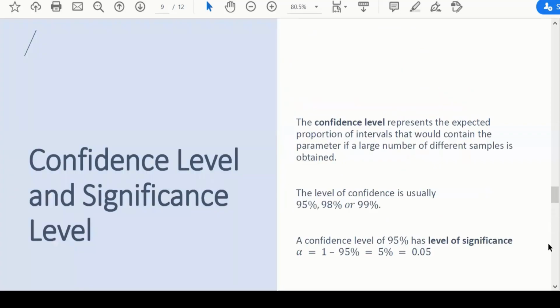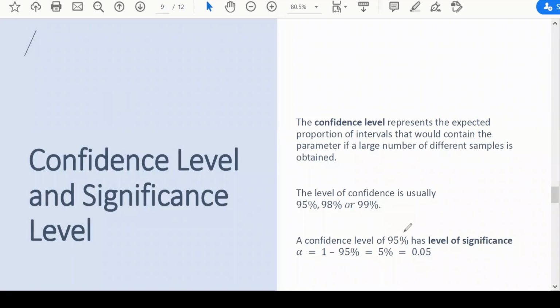The confidence level represents the expected proportion of intervals that would contain the parameter if a large number of different samples is obtained. I know that looks like a word salad, so I'm going to help you with that. But the level of confidence is usually 95%, 98%, or 99%, sometimes 90%, doesn't really matter.